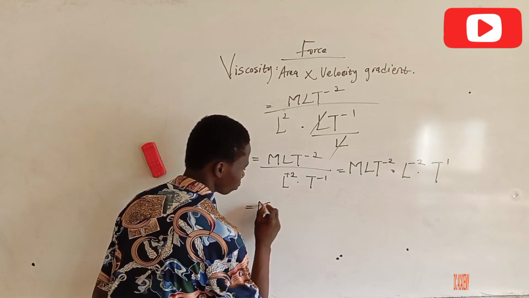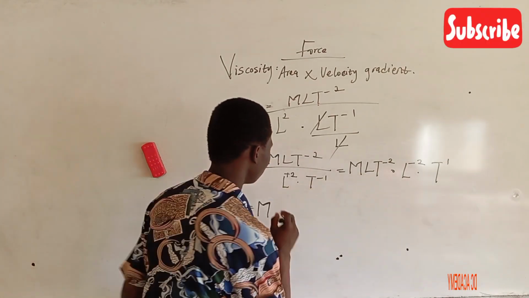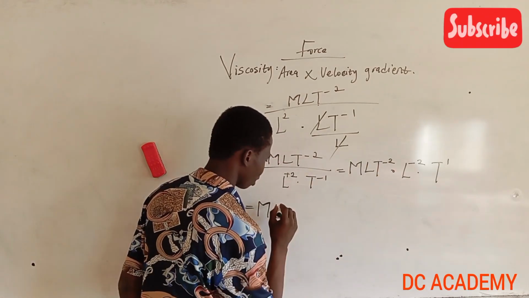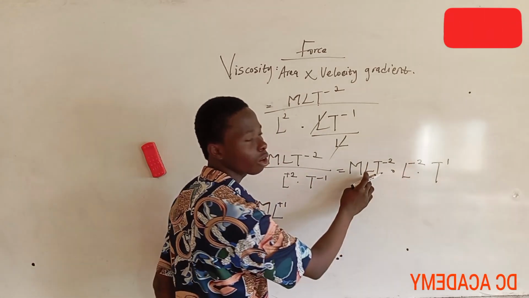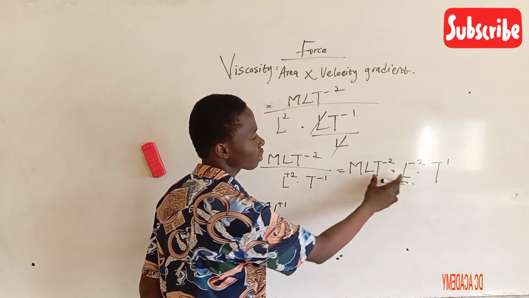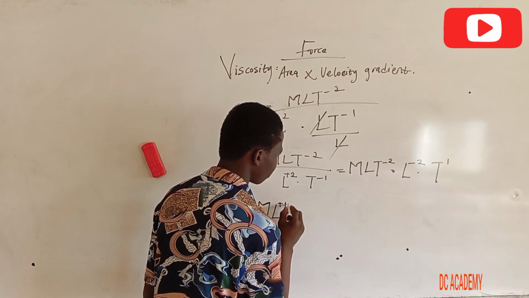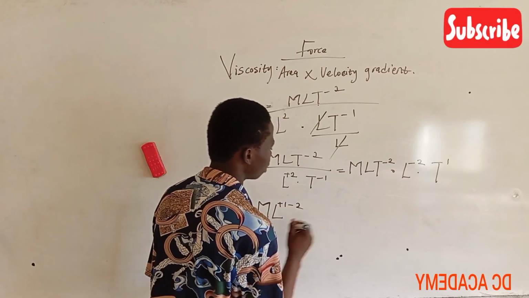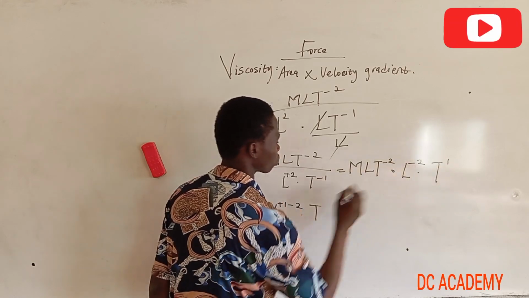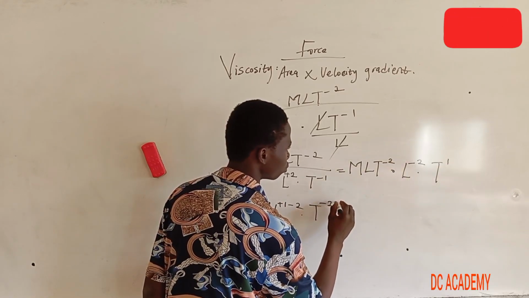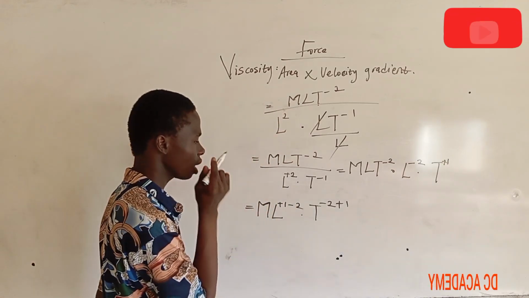For L, you have one L and two L², here is the positive one, and this one. You take one of the base L and deal with the powers: plus 1 and minus 2. Plus 1 minus 2, right? And then we work on T: plus 2 minus 1, minus 2 plus 1. This is in positive form. Minus 2 plus 1, right?